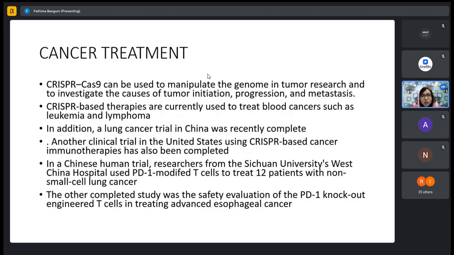So it is modified and used in 12 patients to treat non-small cell lung cancer. Then one completed study was there, but the results were yet to be published. It was a safety evaluation of PD-1 knockout engineered cells, which was used for esophageal cancer.